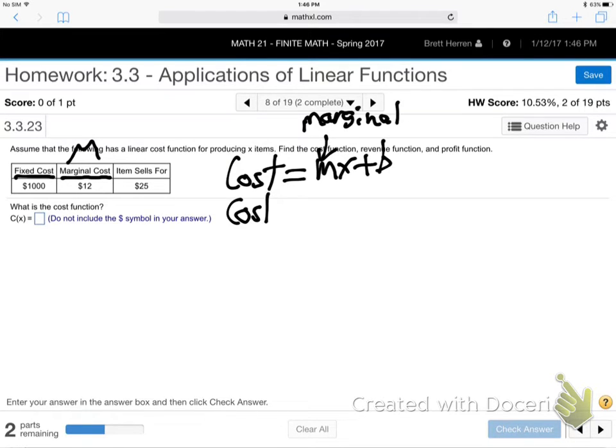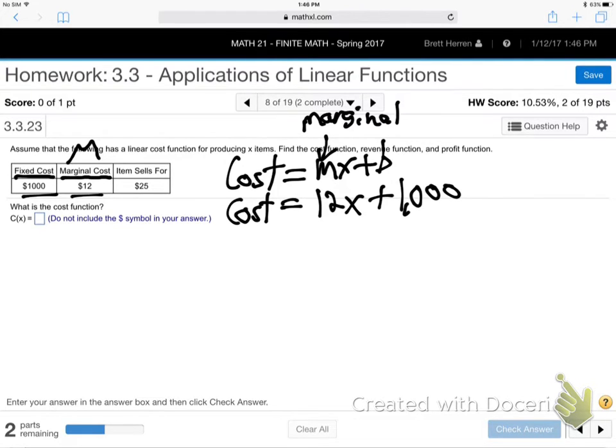So the cost function is 12x plus, and then the fixed is the b. That's the 1,000. So I just wrote the cost. Again, marginal is always what's next to x. And it's like slope. And really it means the amount for one item, the increase for one more item. All right, so there's the cost function.